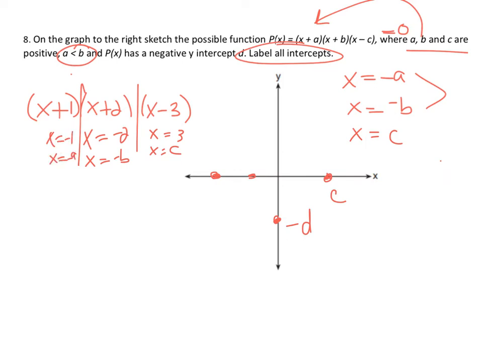So I realize negative a should be here now, and negative b should be here now, because -1 is here and -2 is here. But I don't want to label it that way because they want us to use the letters. So now all I have to do is connect. I need to go through this guy, through him, and through these guys. And that's my polynomial p of x with all my intercepts labeled.